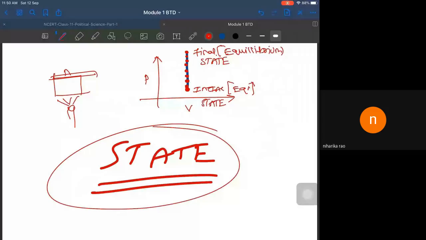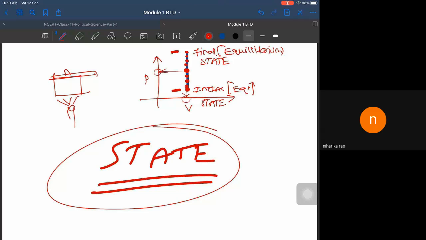I started heating here, it has ended here. At this particular state, what is the pressure? If that is my question, you can just plot it back on the P and V axes, and get the values from that. So state is the existence at that particular period of time. That is known as a state.